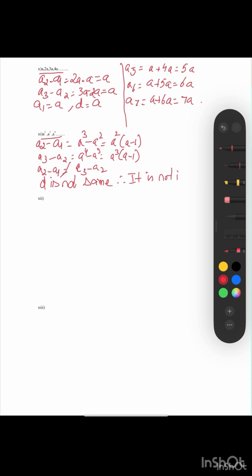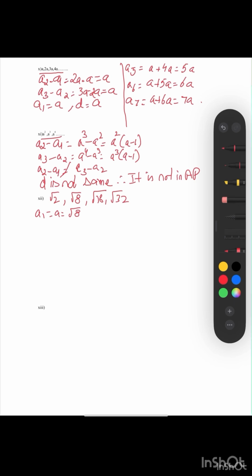Coming to the next question, we have under root 2, under root 8, under root 16, under root 18, under root 32 and so on. We have to check whether the d is the same or not. But under root 8 can be written as 2 under root 2.